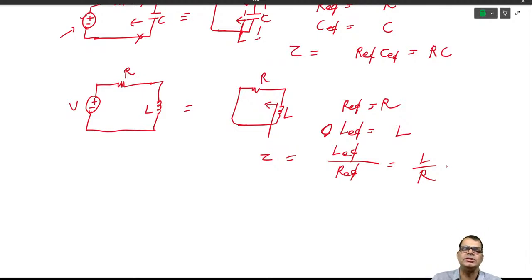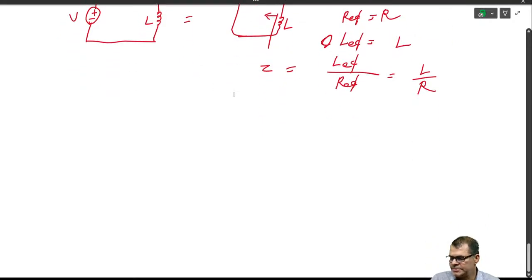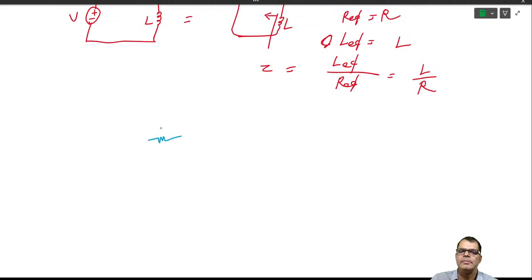Let us discuss other circuits to find the time constant. Tell me what will be the time constant of this circuit, with R1, R2, R3, C and this applied voltage.